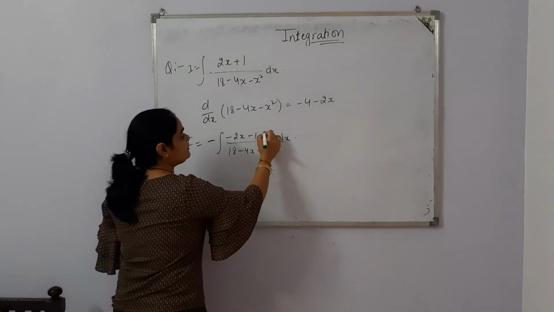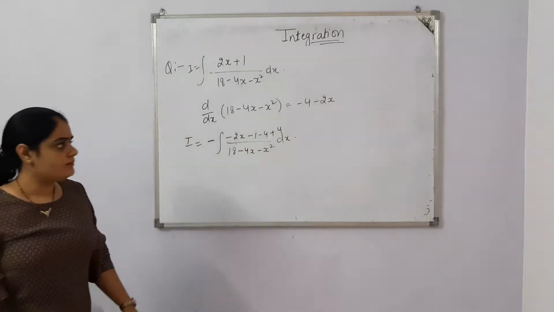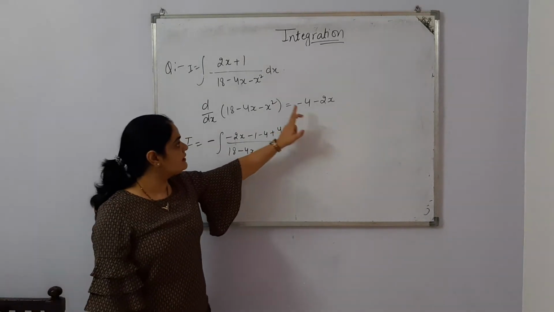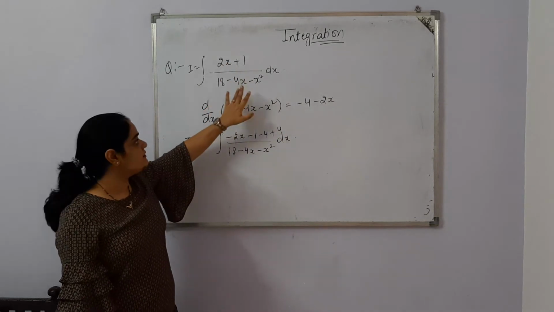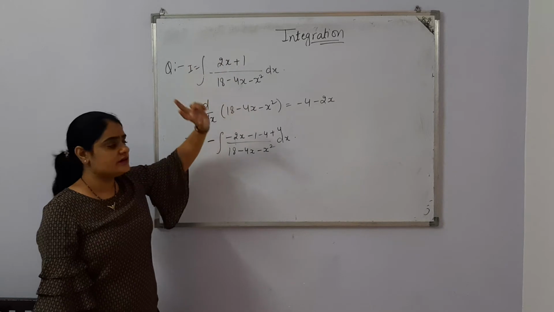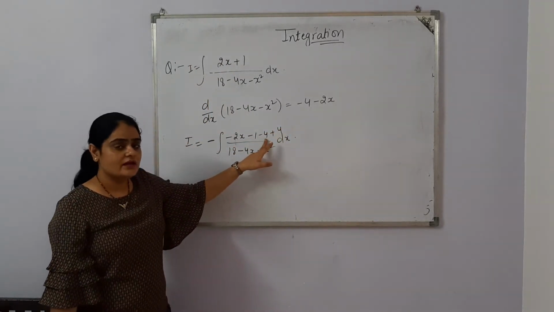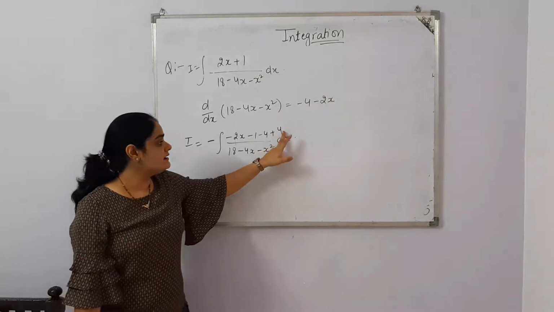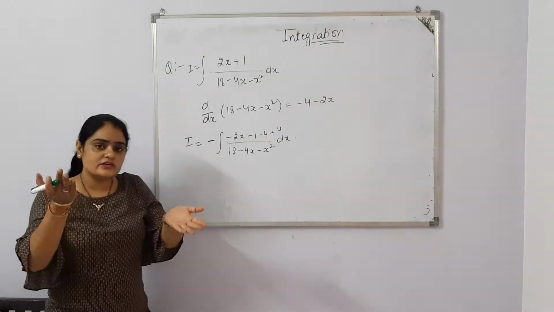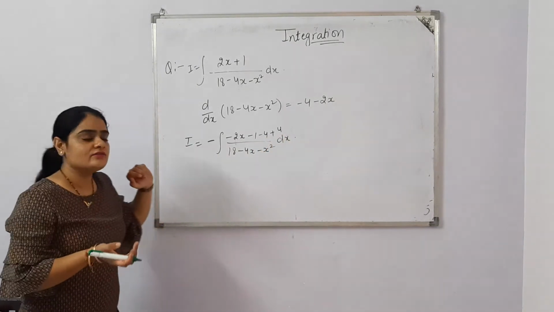If we need minus 4, can we add plus 4 then? Because we need minus 4 to make the differentiation of the denominator. We want the differentiation of the denominator in the numerator, so we need minus 4 as well. So we subtract 4, and then to attain the equilibrium position, if we are subtracting 4, we have to add 4.